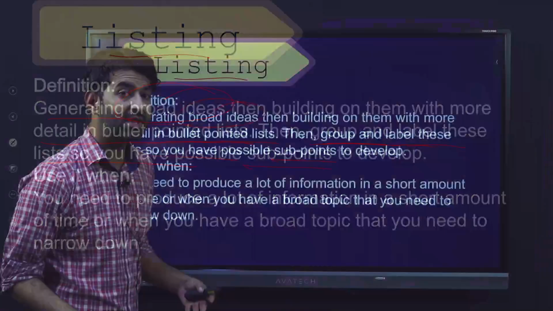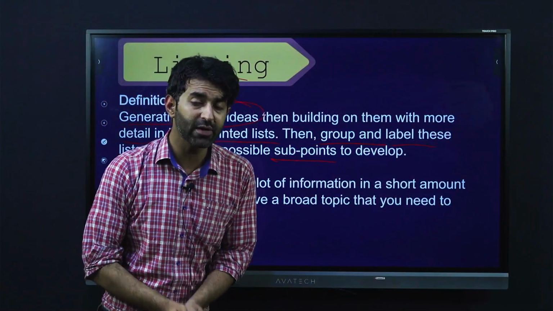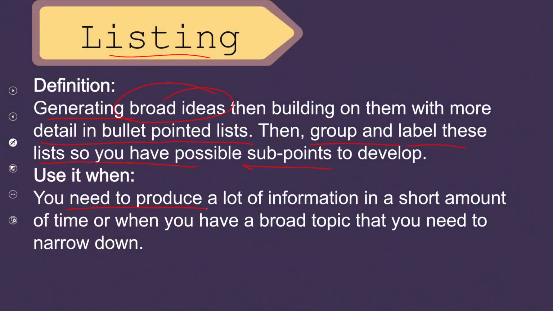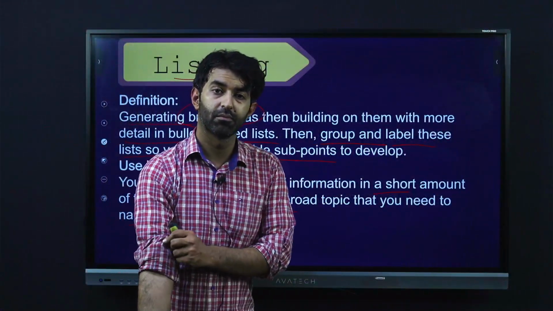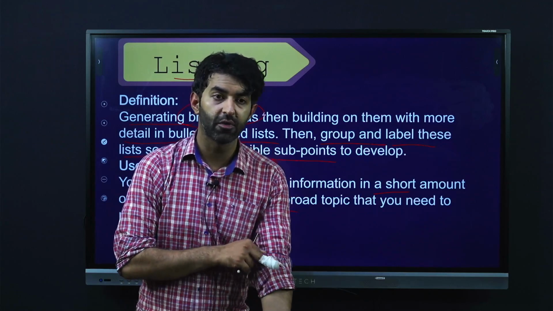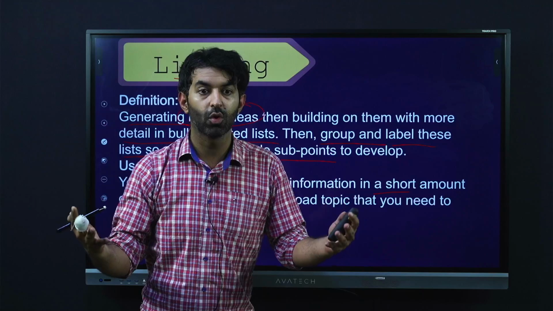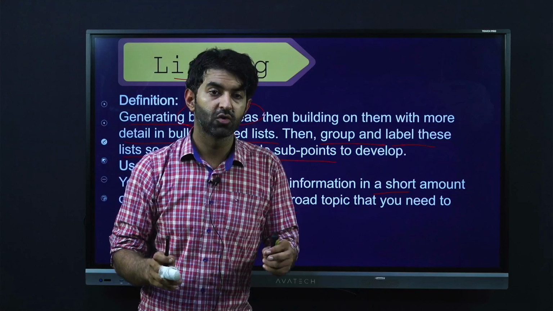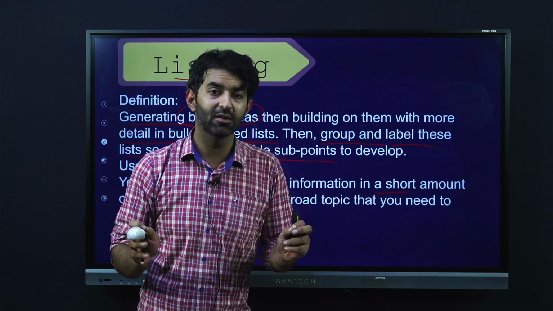So when do we use listing? This is a very important question. We will be using listing when we need to produce a lot of information in a short amount of time, or when we have a broad topic that we need to narrow down. Let's say an essay on problems of our country, problems that we are facing. There are so many titles, so many names to add, so many different headings, titles, subtitles.